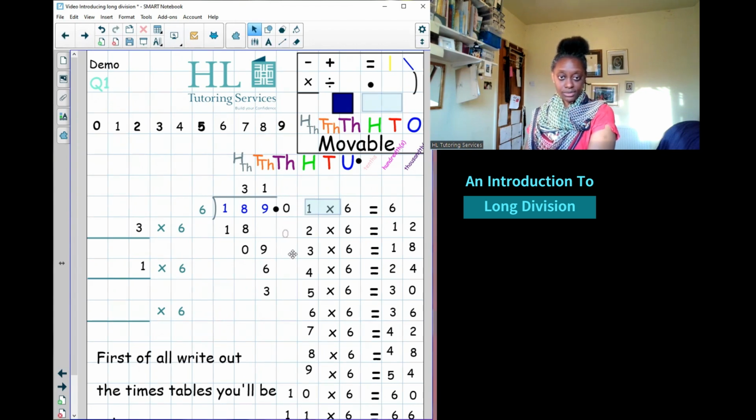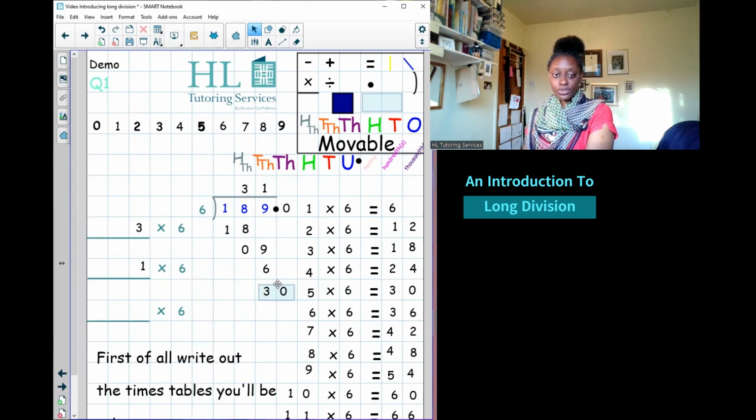Down, down, down. So this time I want to know how many 6s are there in 30. So if I look at my chart, if I go down, I can see that there are 5 6s in 30.